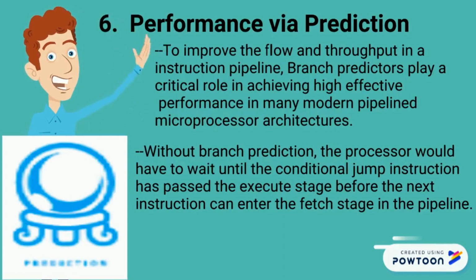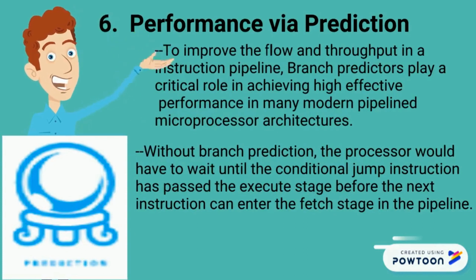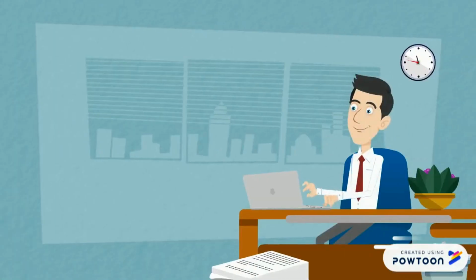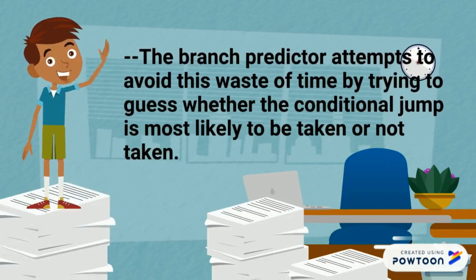Without branch prediction, the processor would have to wait until the conditional jump instruction has passed the execute stage before the next instruction can enter the fetch stage in the pipeline. The branch predictor attempts to avoid this waste of time by trying to guess whether the conditional jump is most likely to be taken or not.